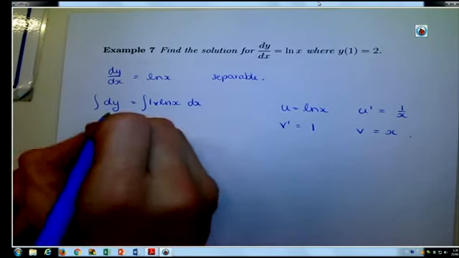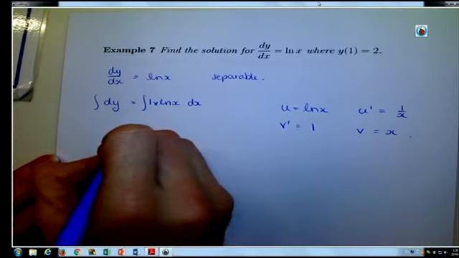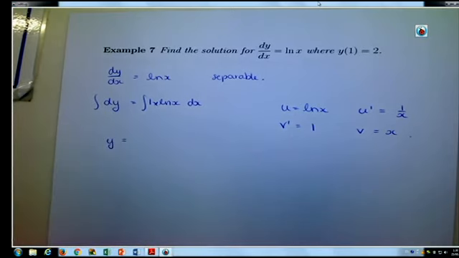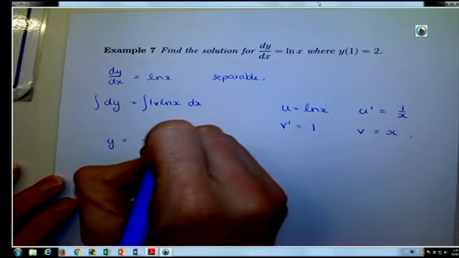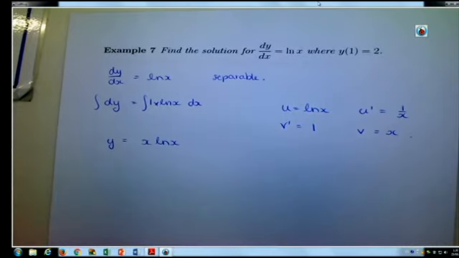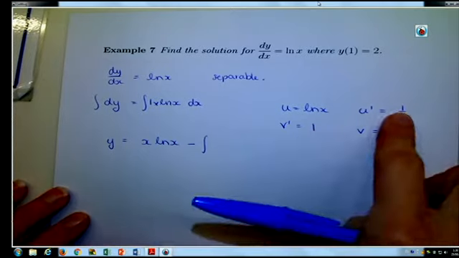Okay, let's go. So this side here is just a y. On the right-hand side, in the little box, we've got u times by v, so that's this one times by this one. And then we've got a minus, then we've got an integral of u primed times by v, so this one times by that one.